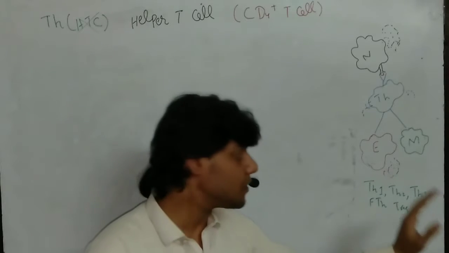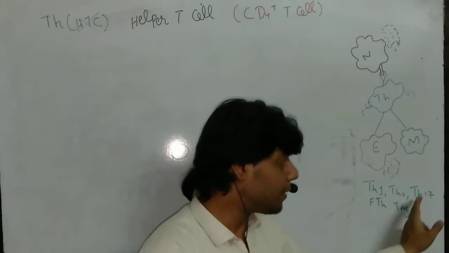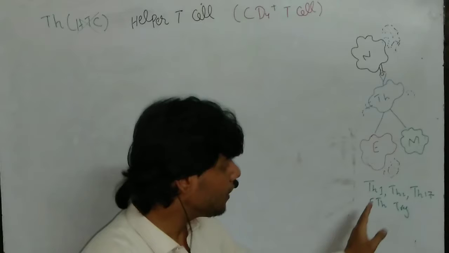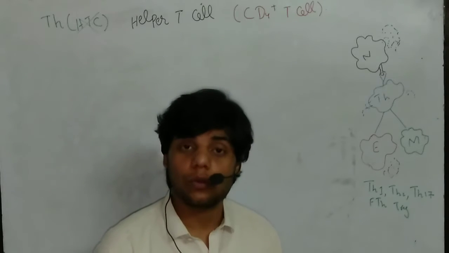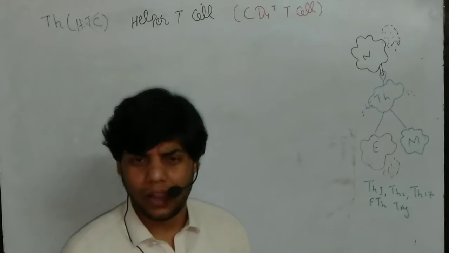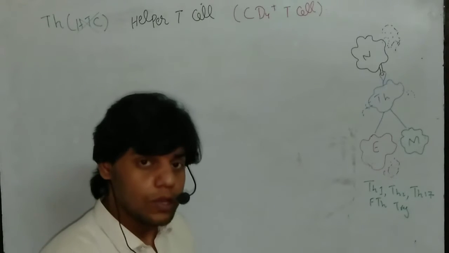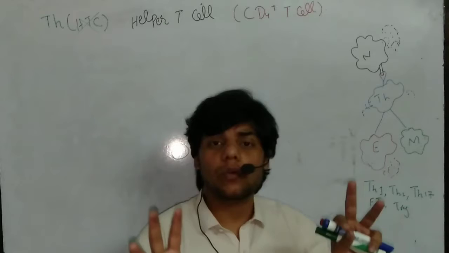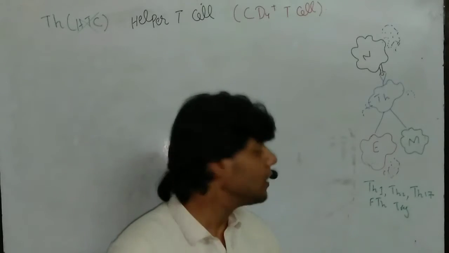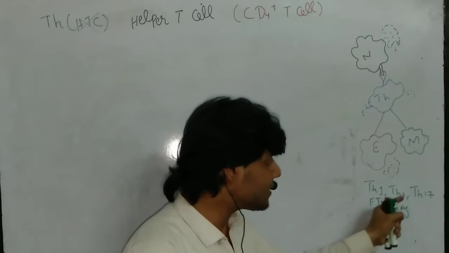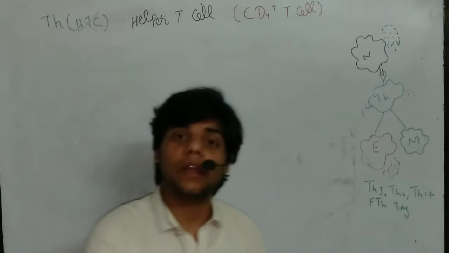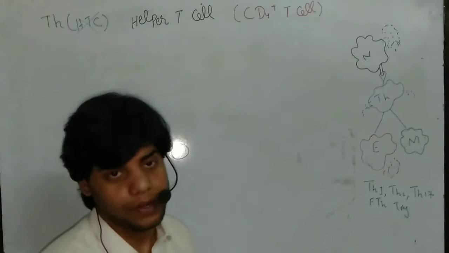There is some kind of infection for which helper T cell 17 is needed. Similarly, follicular T helper cell is needed when there is another kind of infection, like HIV, or diseases like lupus occur. So these different kinds of disease and infection need any one of the helper T cells. That's why all the helper T cells are very important.